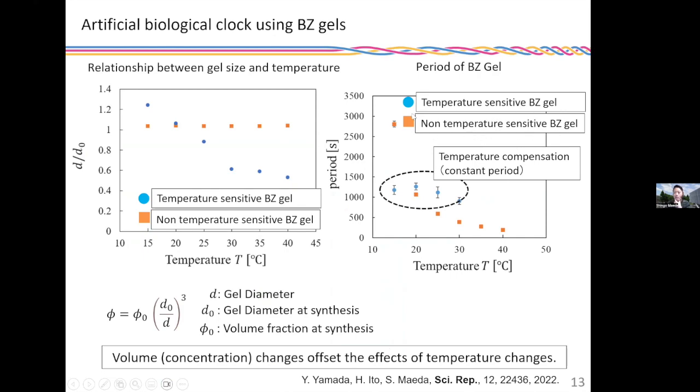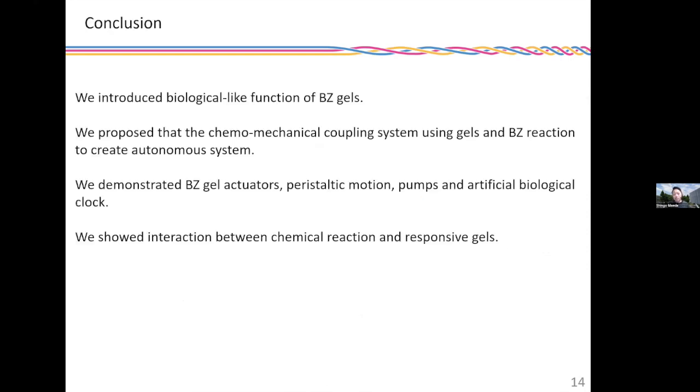Of course, the non-temperature-sensitive BZ gel showed Arrhenius-like behavior, which means that when the temperature is high, the period becomes small. And the temperature-sensitive BZ gel showed an almost constant period. So our model shows that volume changes offset the effect of temperature changes.